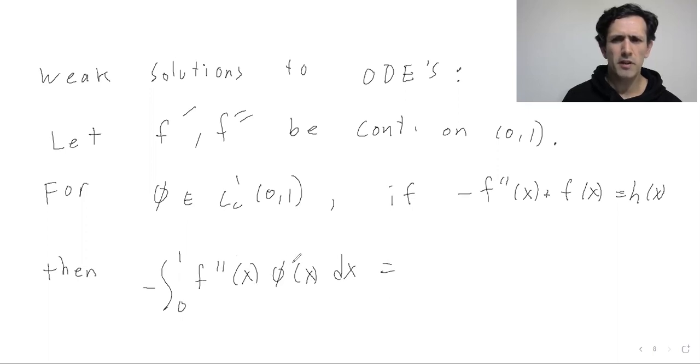I can dump a derivative onto phi. phi of 0 and phi of 1 are 0 because phi vanishes outside of a closed subinterval of the open interval (0, 1). So by calc 1 integration by parts, this is the integral from 0 to 1 of f prime of x, phi prime of x, dx.